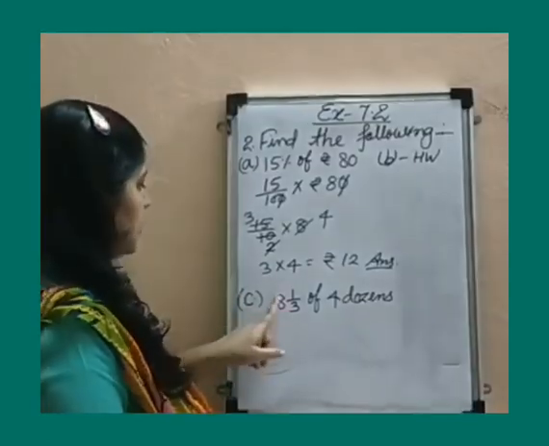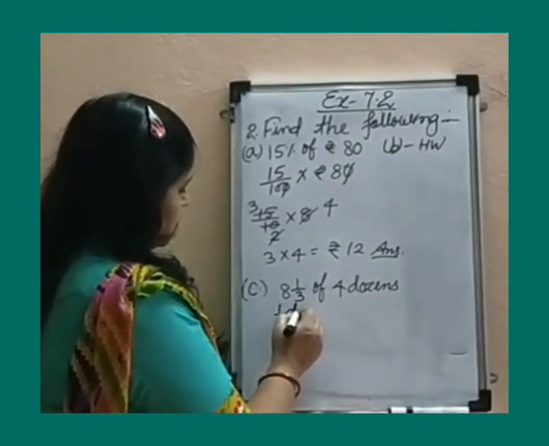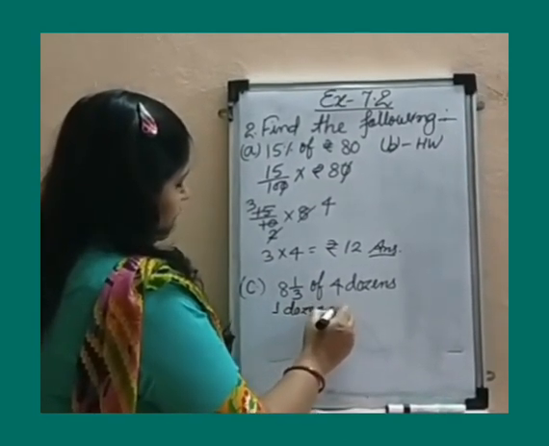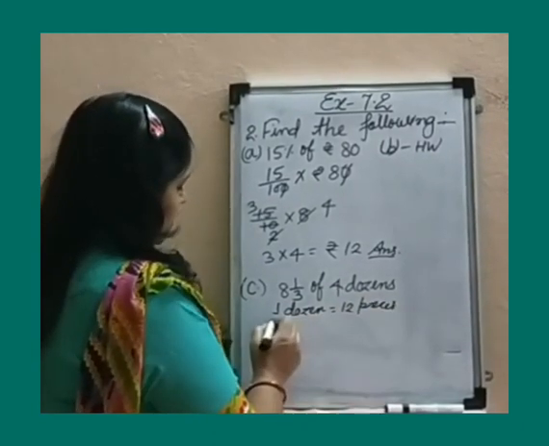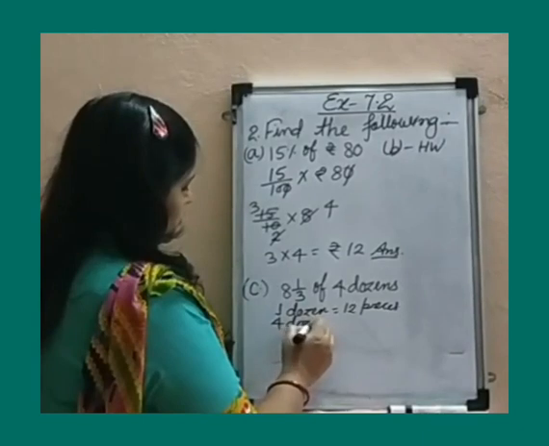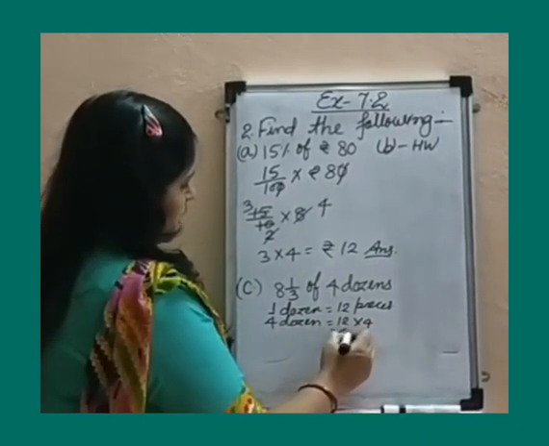C. 8 1 upon 3 percent of 4 dozen. So 1 dozen equals 12 pieces. 4 dozen equals 12 into 4, 48 pieces.